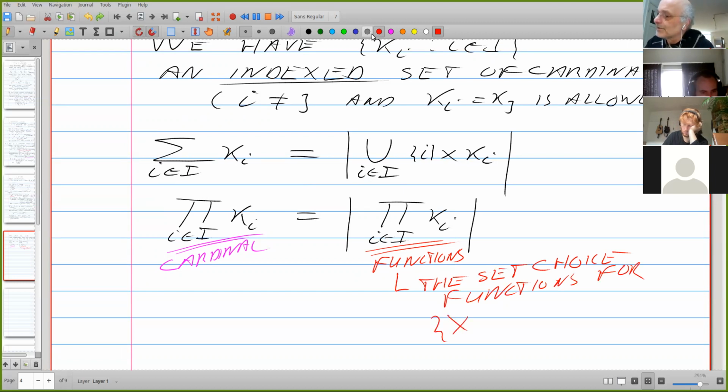In this case, it's the set of functions whose domain is I, and they have the property that f of i belongs to kappa i for every i. That is the Cartesian product of the sets. And so the Cartesian product consists of functions, and therefore I wrote functions below it.